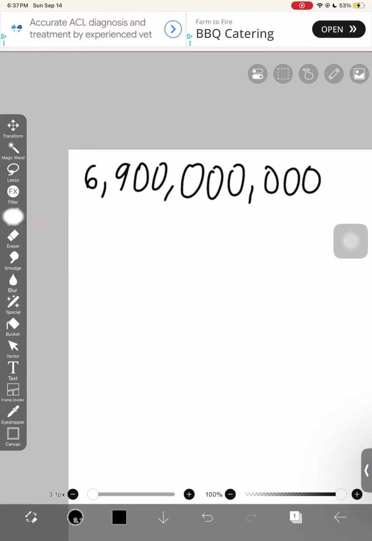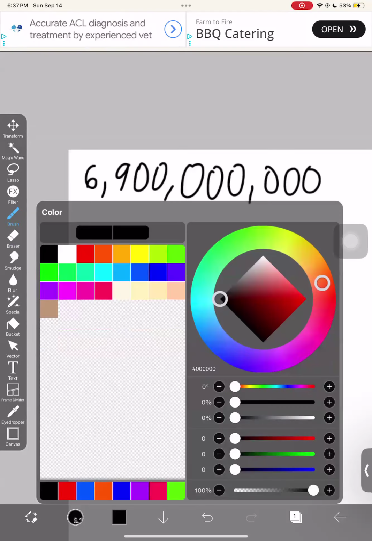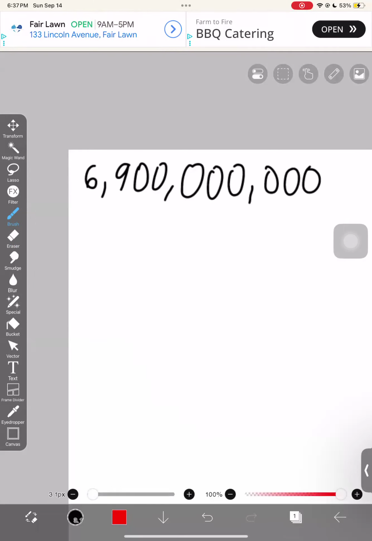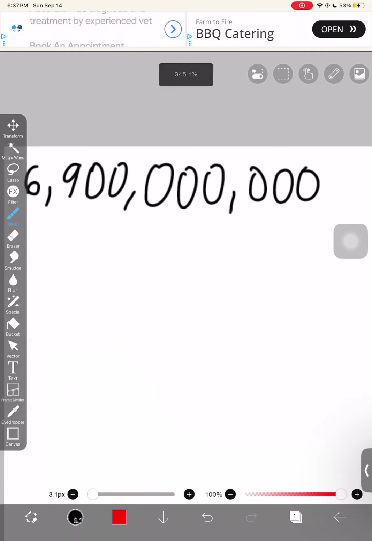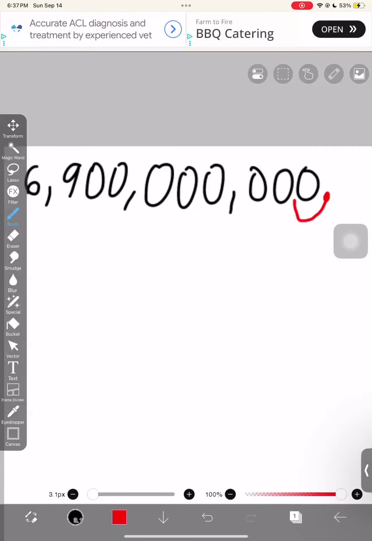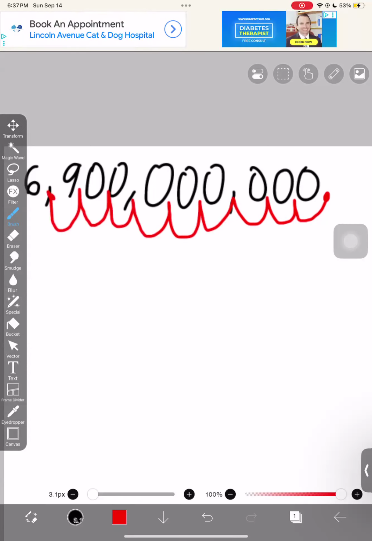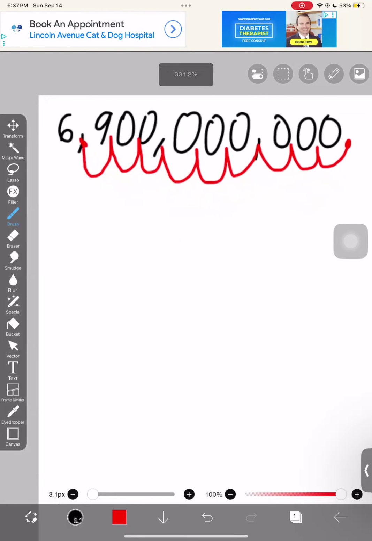So what we have to do here is, since it's a very large number, it's for sure going to be a positive exponent. So we start off where our decimal point is, and we move 1, 2, 3, 4, 5, 6, 7, 8, 9. Remember, our scientific notation is written like this.